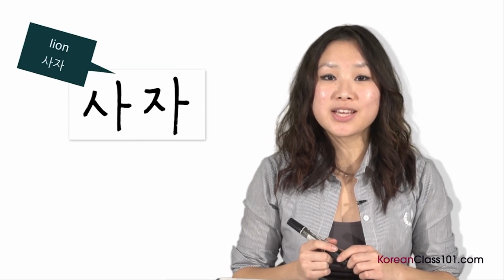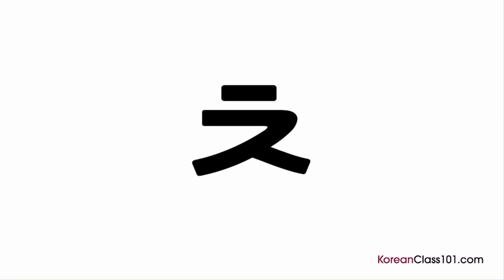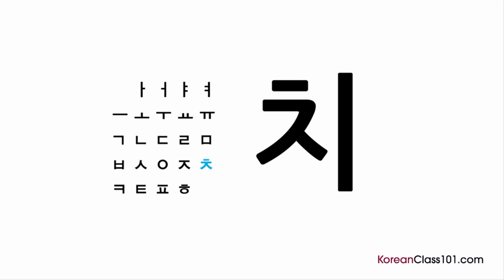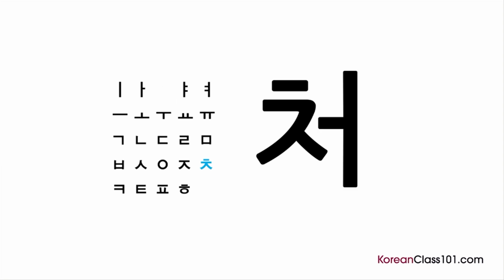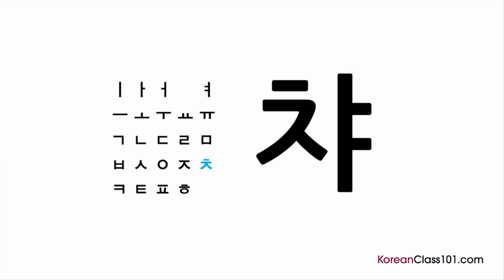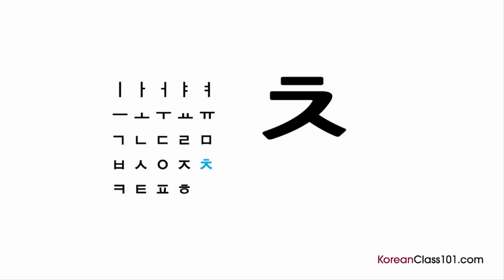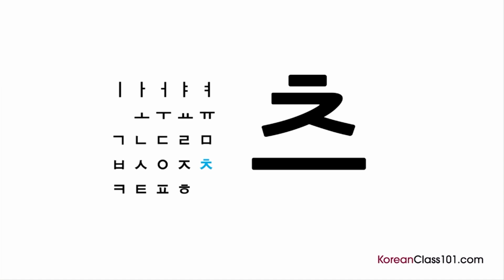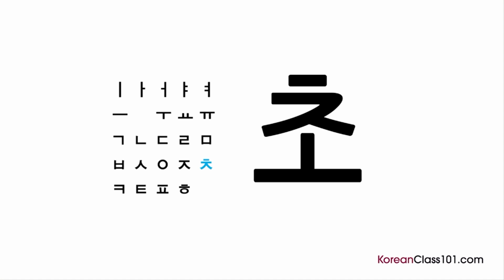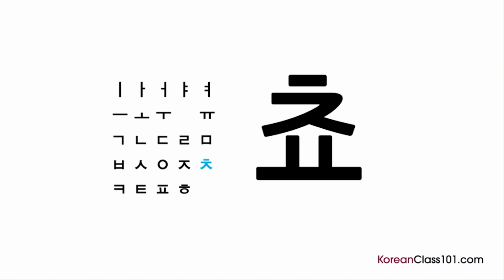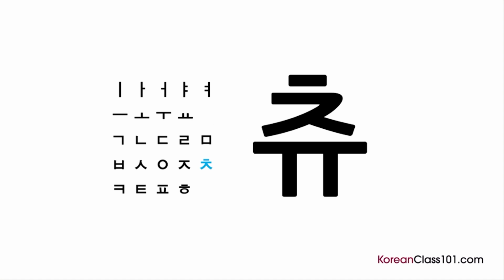To write the last basic character, just add another stroke on top of the 지읒. This is 치읒. 치, 차, 처, 츠, 초, 추.